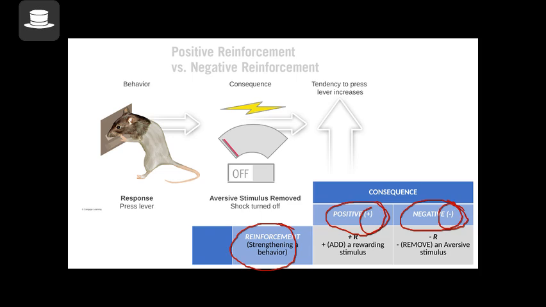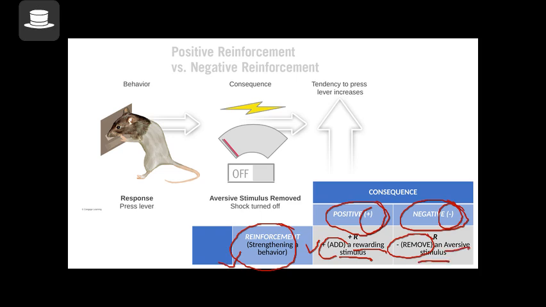A positive reinforcement is when a behavior is reinforced or strengthened by adding a rewarding stimulus. A negative reinforcement is again strengthening of the behavior, but by removing an aversive stimulus.